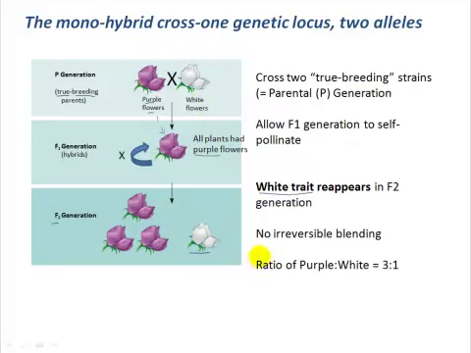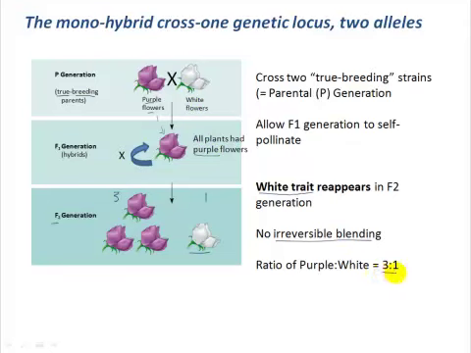So no irreversible blending. And furthermore, when he counted up his results, he observed that he got this very characteristic ratio of traits in this F2 generation, where 3 out of 4 of the offspring would demonstrate the characteristic of the parent plant whose traits were exhibited in the F1 generation, what we refer to now as the dominant trait, and 1 out of 4 would exhibit that alternate characteristic, what we would now call the recessive trait.